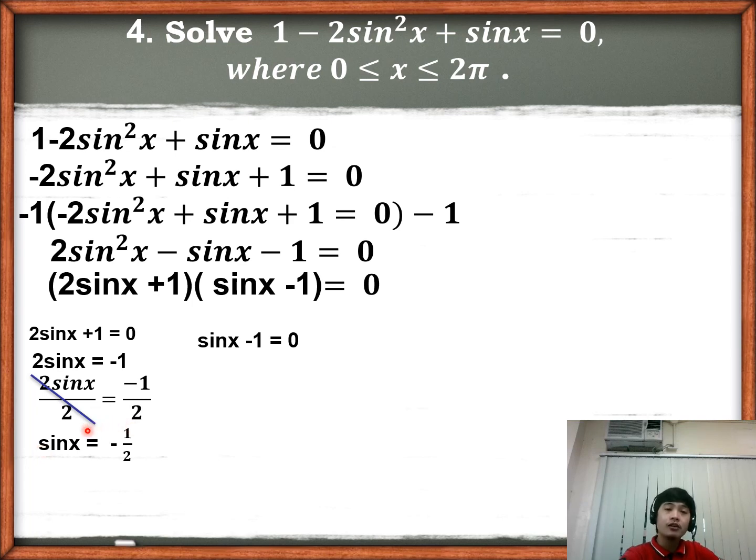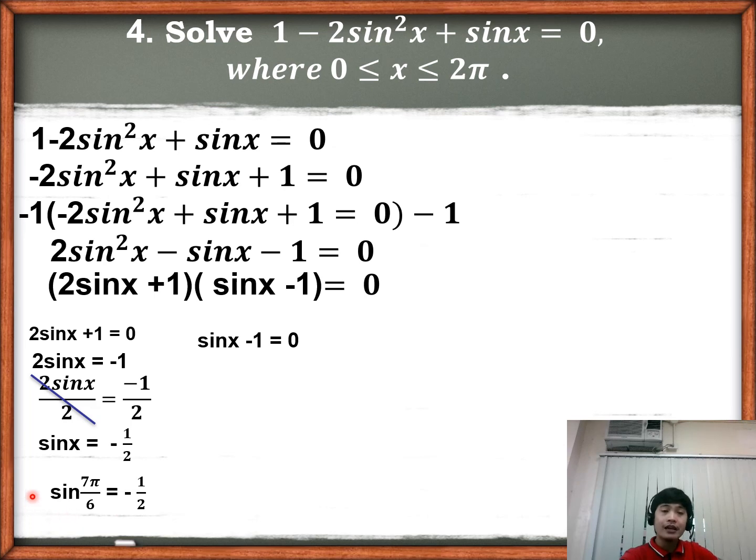What angle in quadrant 3 gives sine a value of negative 1 half? That is 210 degrees, or in radian measure, since our interval is in radians, 7 pi over 6. That is 180 divided by 6, which is 30, times 7, which is 210.